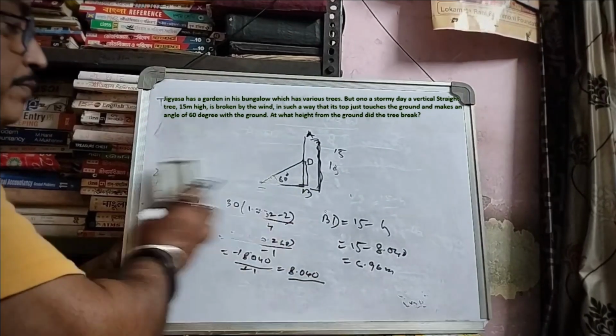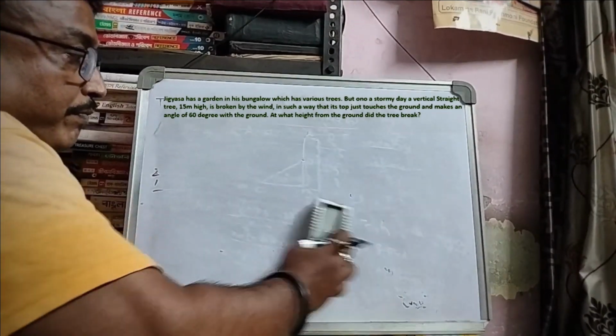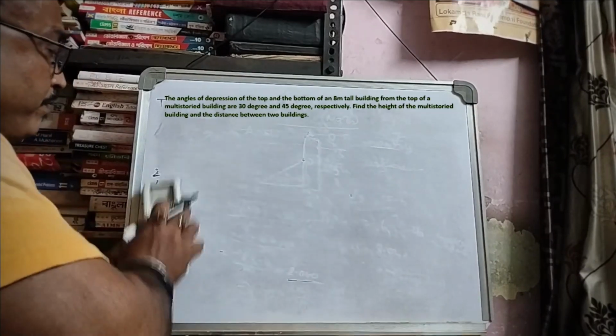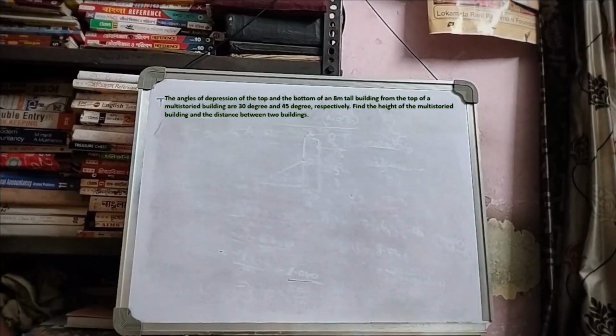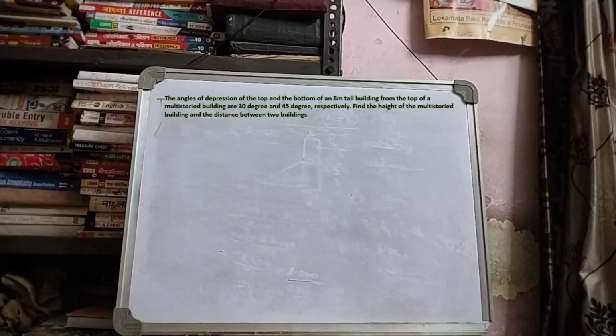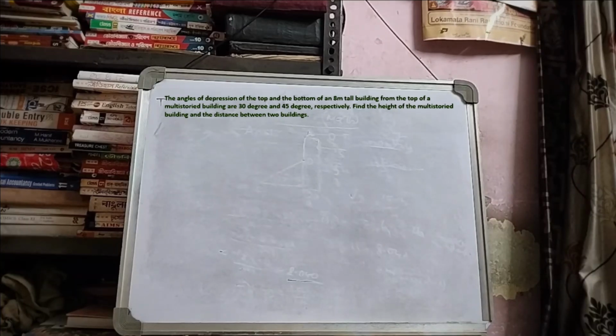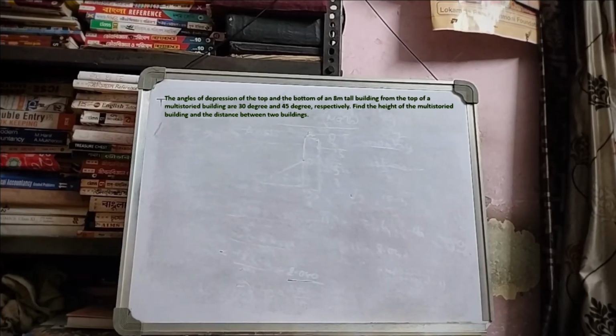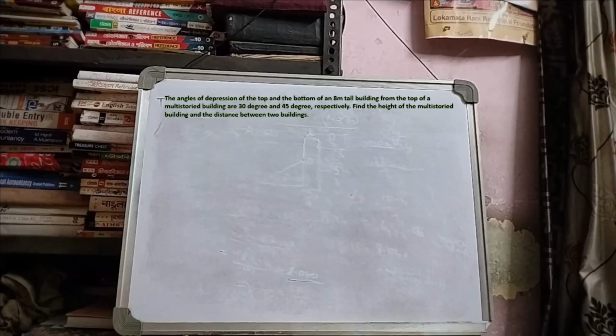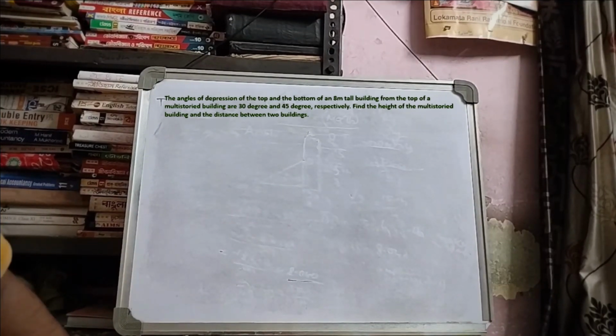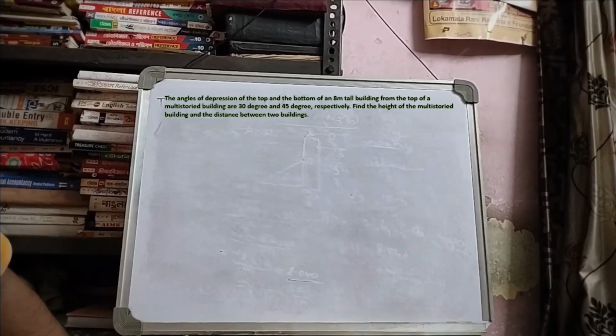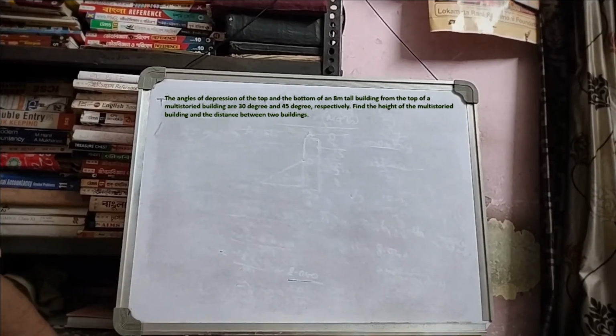Now another example. The angles of depression of the top and the bottom of a 8-meter tall building from the top of a multi-storied building are 30 and 45 degree respectively.